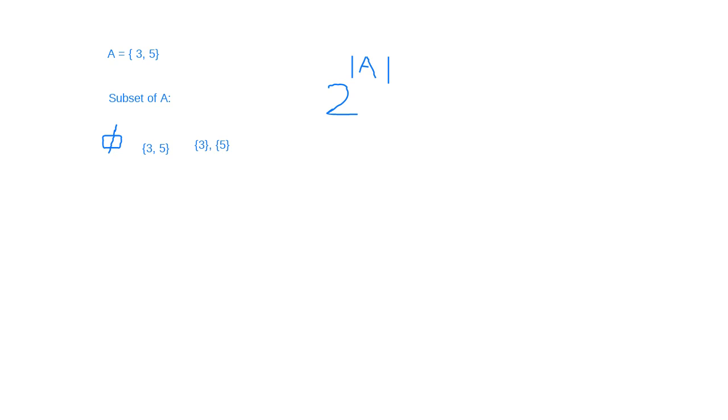Later on, you can try it yourself with 3 elements, maybe 3, 5, 7. So the number of subsets should be 2 raised to 3. Try to convince yourself of that. Okay, any questions?